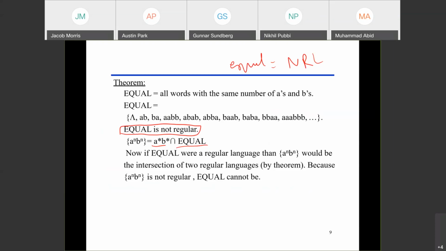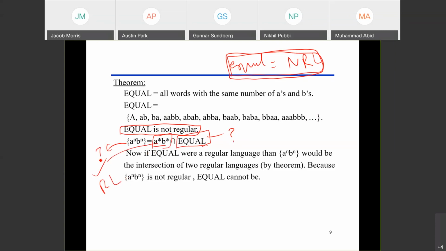Let's say we do not have this information about EQUAL. We know this is a regular language, we learned this already. We have no idea whether this other language is regular or non-regular.